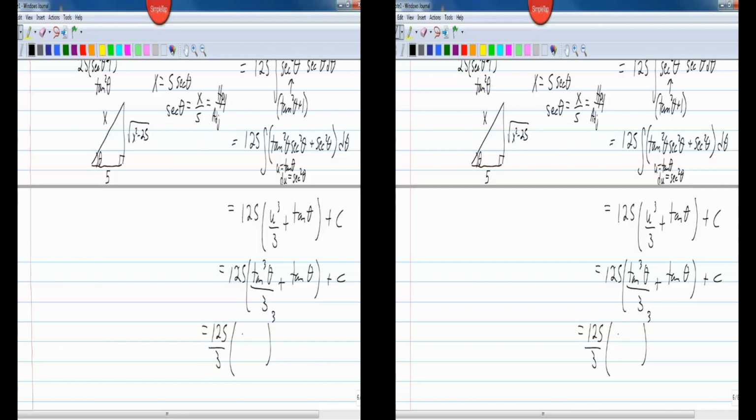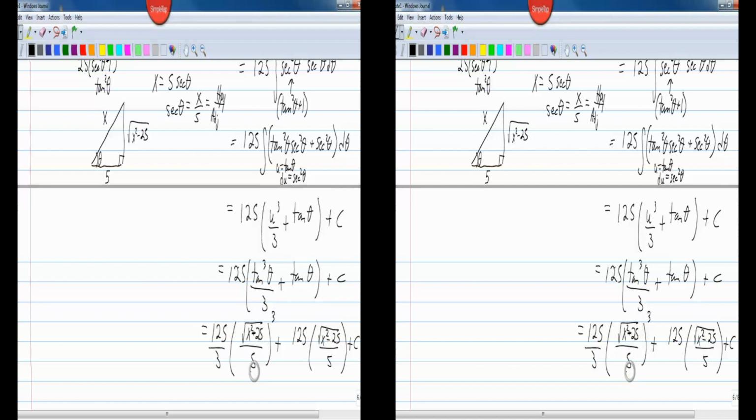So I'm cubing the square root of x squared minus 25 over 5. Plus 125 times the square root of x squared minus 25 over 5. Now I don't have to cube that one, right? That one's just to the first power. So when I cube this one, this bottom is going to become 125, isn't it? Because 5 times 5 times 5 is 125.